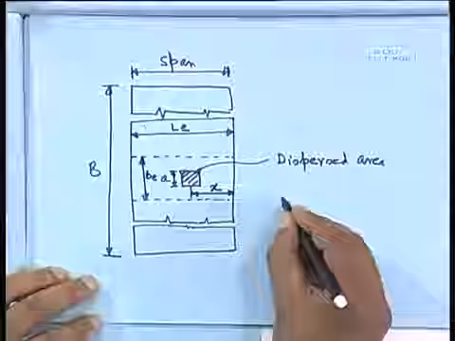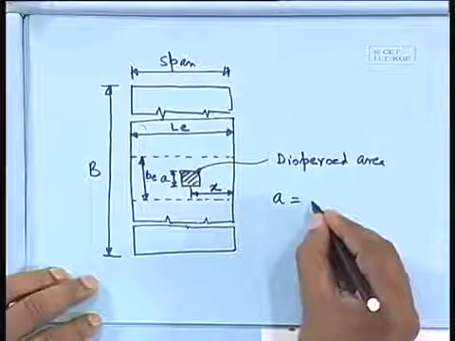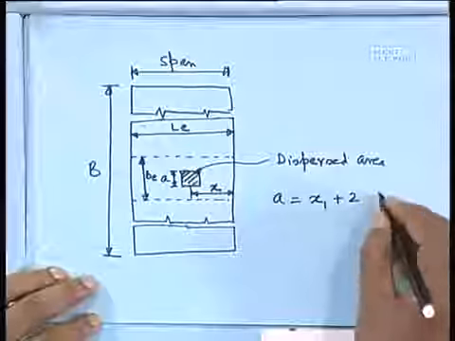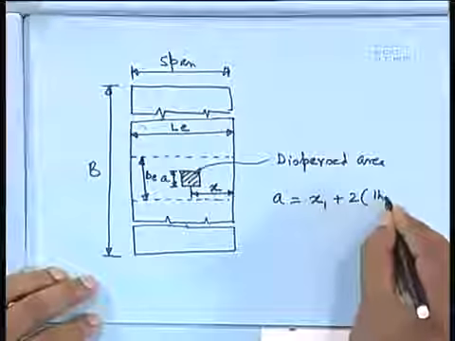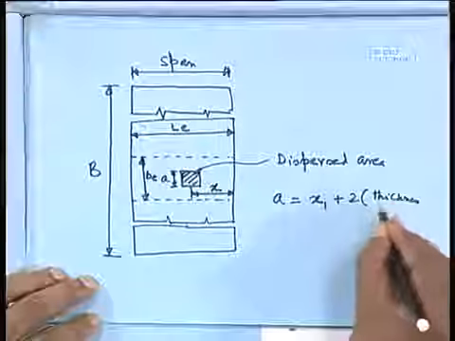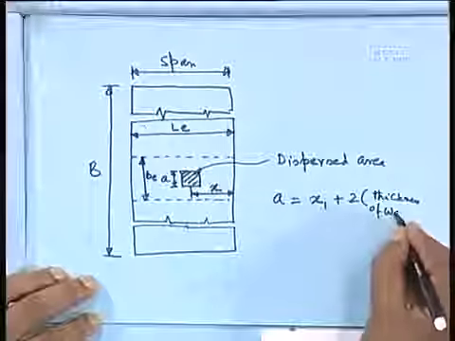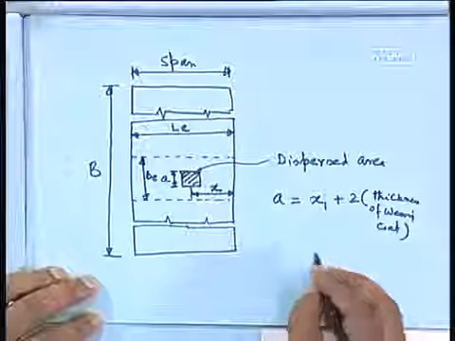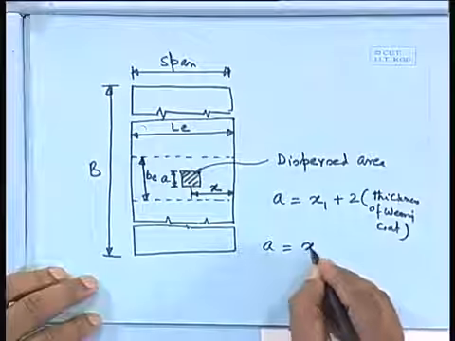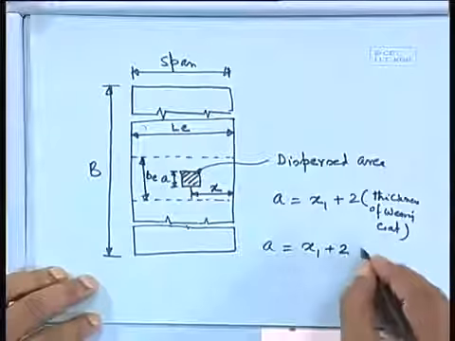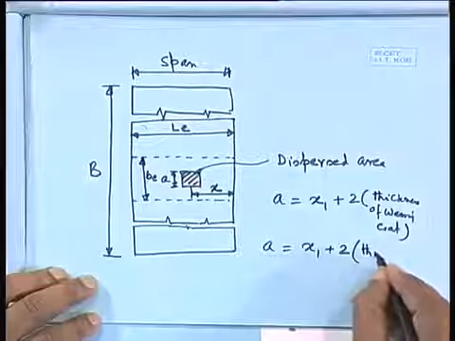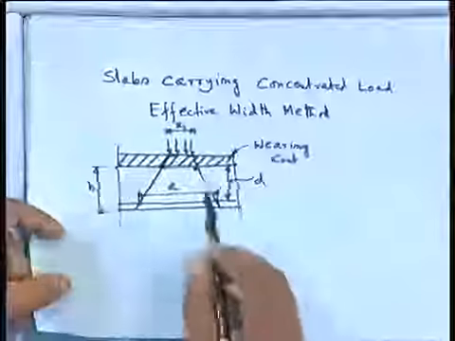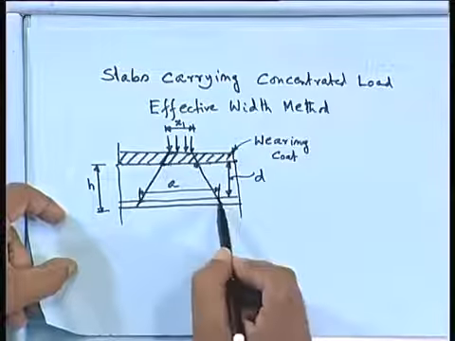We can say A equal to x1 plus twice the thickness of wearing coat, or we can write A equal to x1 plus twice the thickness of wearing coat plus D. There are two options I have told: either it could be up to this or it can go up to the effective depth.